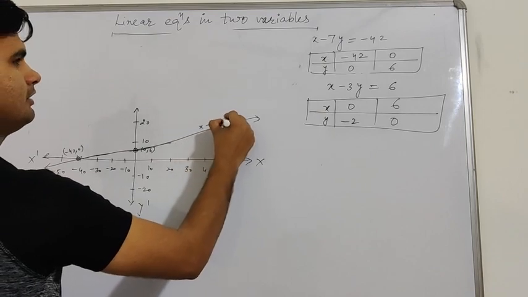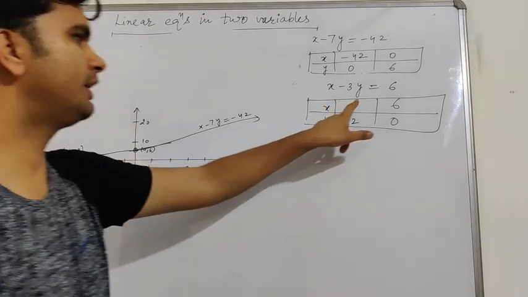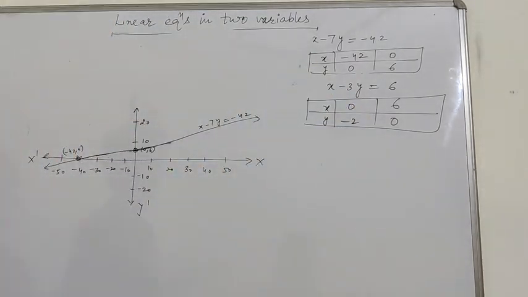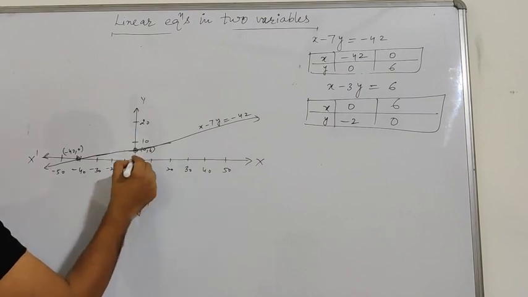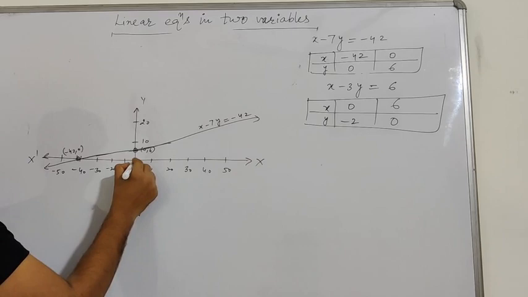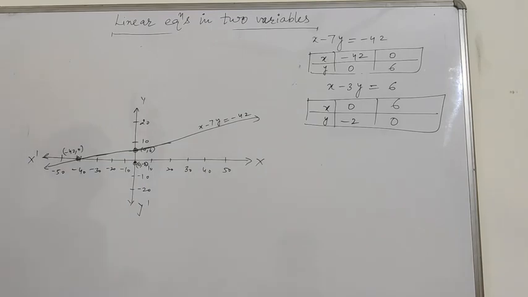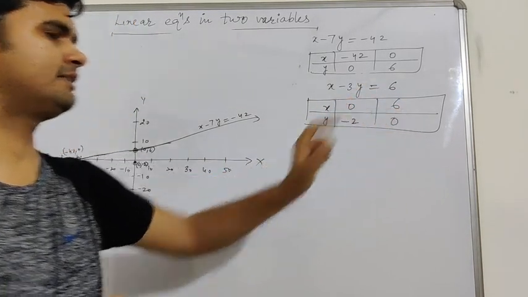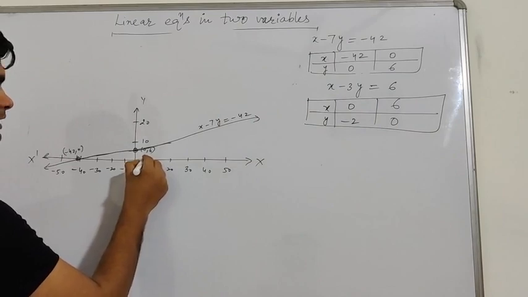This line is x minus 7y is equal to minus 42. For the next equation, the point is x is 0 and y is minus 2. Minus 2 will be here. 0 and minus 2. Then next is x is 6 and y is 0. 6 will be here.